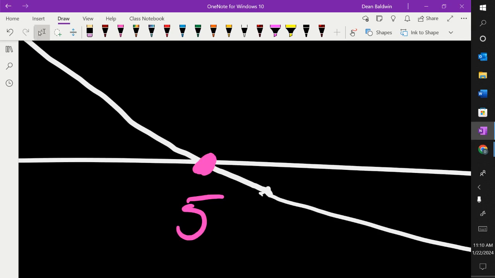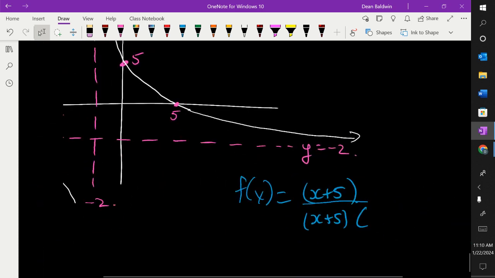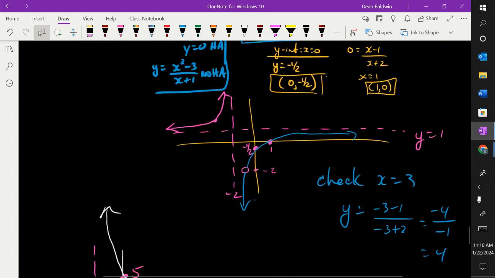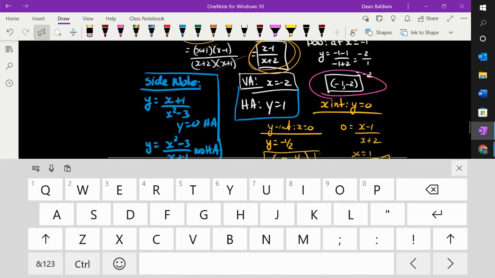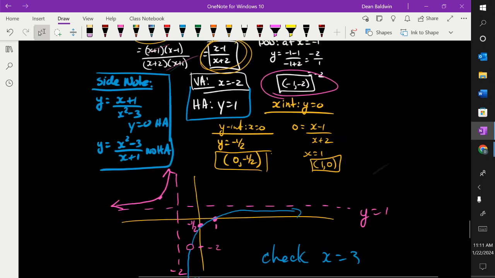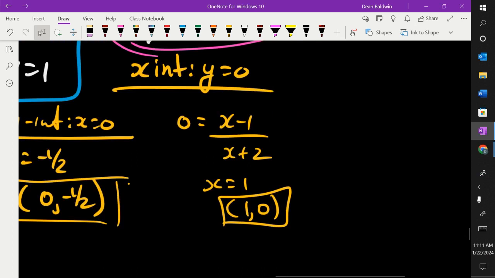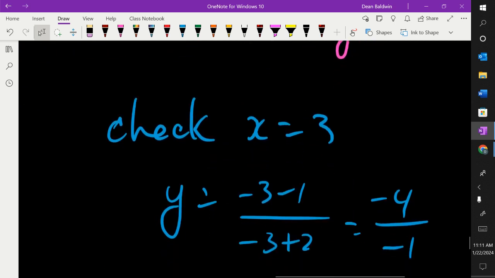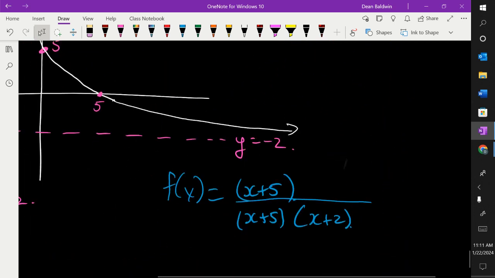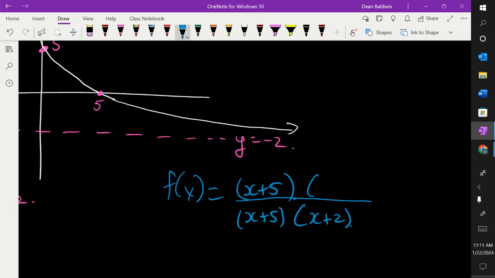The x-intercept. Where does the x-intercept go? Into the numerator. Remember? Up here, when we were doing our x-intercept, I put y is equal to 0 into this, and it was this that determines the x-intercept, right? So if we're going backwards and I give you the x-intercept, that's what you write in the numerator. So it's at 5, so we have to have an x minus 5 there.